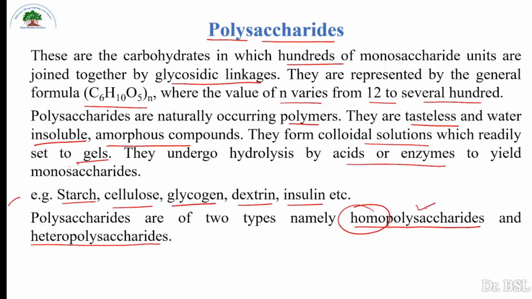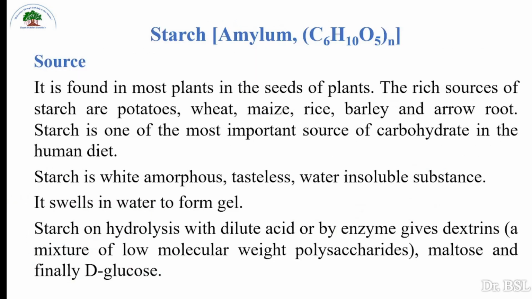If that polysaccharide is made up of the same type of units, that is same type of monosaccharides, then it will be called homopolysaccharide. And if the monosaccharides, which are the components of that polysaccharide, are of more than one kind, then that polysaccharide will be known as heteropolysaccharide. So let us see one by one.